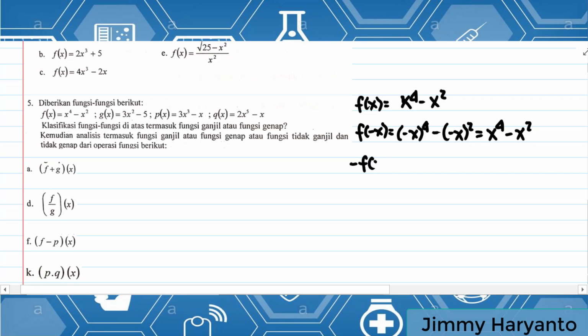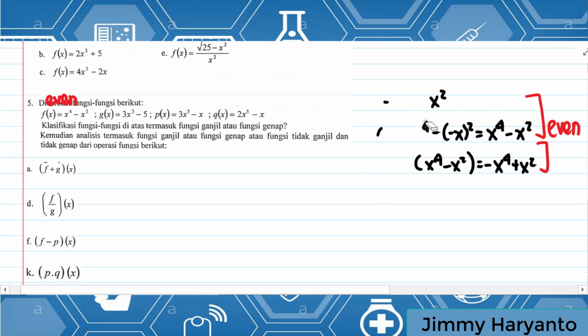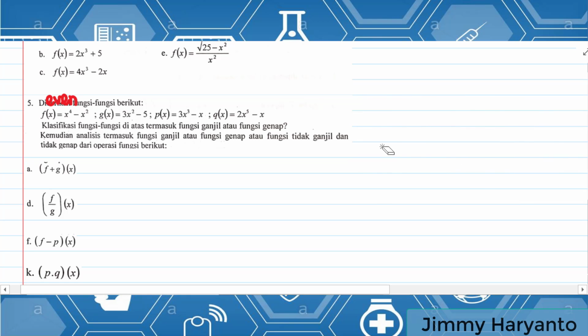And the third one will be negative f(x) equals negative 1 times the function, which gives negative x to the power of 4 plus x squared. This one is the same, this one is not, so it will be an even function. Okay, f(x) is an even function. Let's write it right here, even, and then I will erase this and continue to g(x).